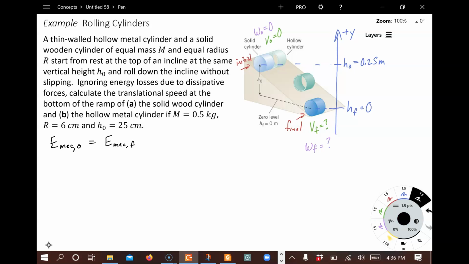So using the conservation of mechanical energy, we're going to add up your kinetic energy of translation plus your kinetic energy of rotation plus your potential energy in the beginning, and that's going to be equal to those same things at the bottom.